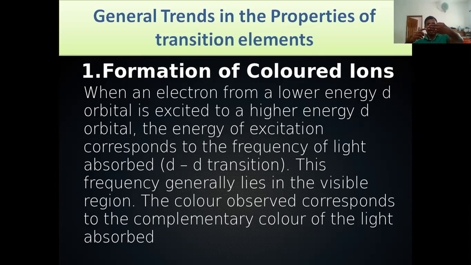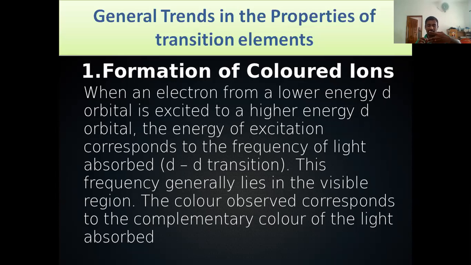And these 5 d orbitals, at the time of formation of compounds, the degeneracy will be lost. That means it will split into 2 different energy levels. In some cases, 3 orbitals of lower energy and 2 orbitals of higher energy. In some other cases, 2 orbitals of lower energy and 3 orbitals of higher energy.